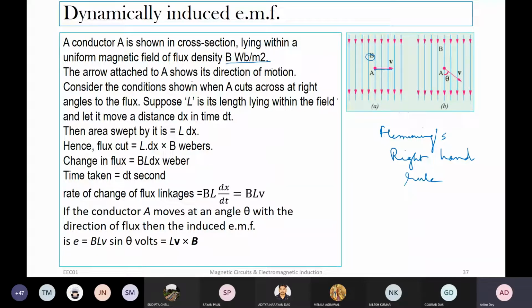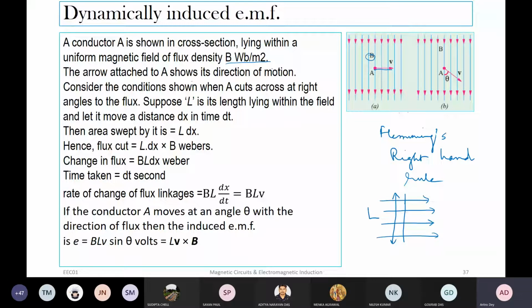This is your top view; if you want to see the side view, this is your conductor and this is your field. So this is a conductor of length L.